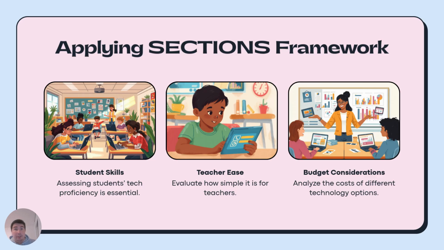So obviously, budget considerations are always a factor in deciding which technologies to take in. So really, we want to ensure that the chosen tools provide the best value for the educational goals we aim to achieve. By carefully evaluating these aspects, we can make informed decisions that enhance our educational effectiveness using the sections framework.